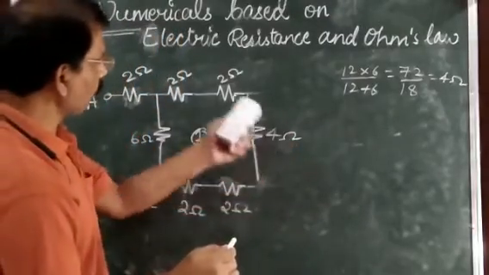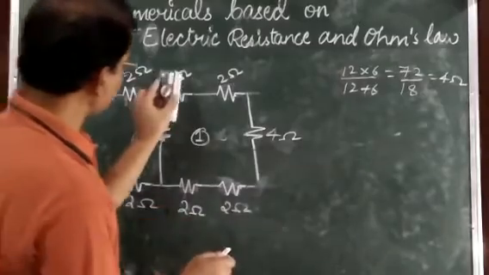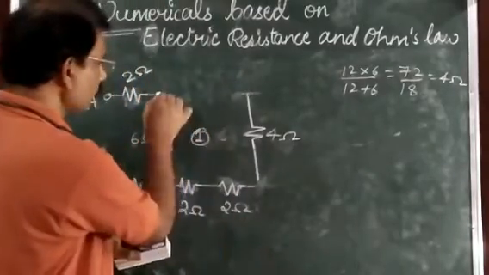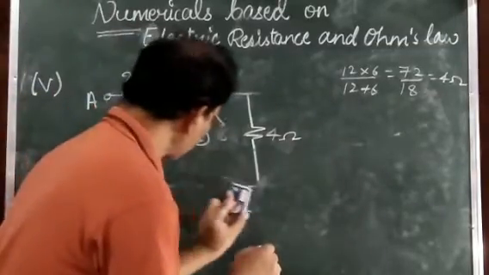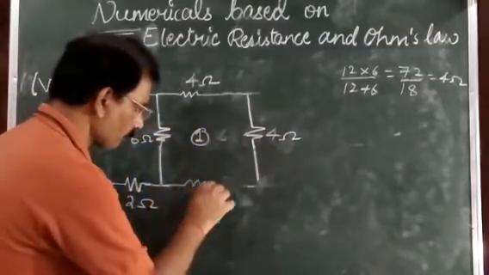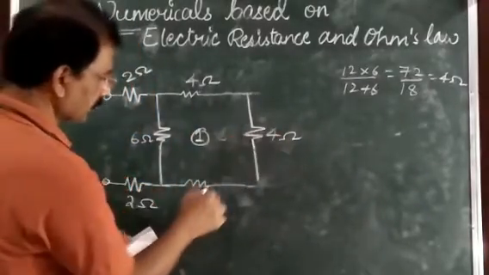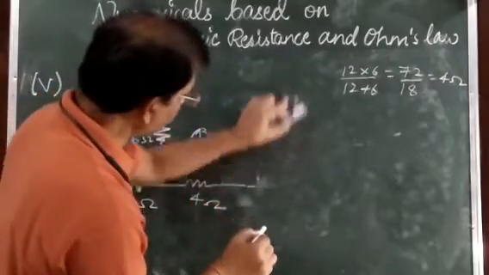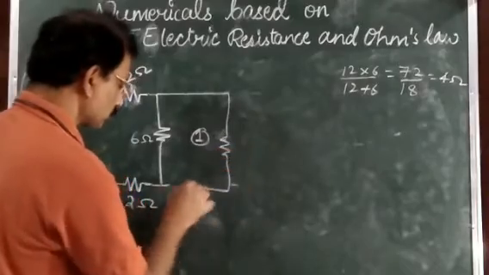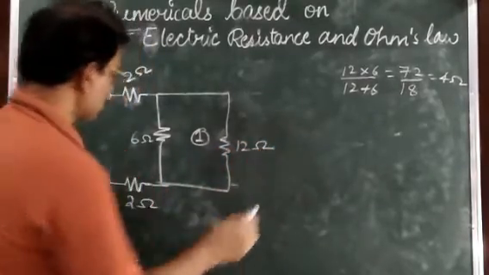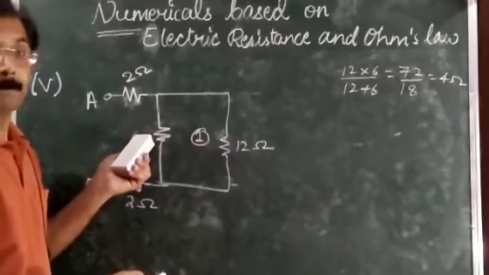And again this 4 ohm, 2 and 2, 4, 2 and 2, 4. Then again you see here, this one is 4 ohm. This one is 4 ohm. And this one is 4 ohm. Again, all these three resistors are in series. Their equivalent 12 ohm. Again, we can put a single resistance of 12. Now, this 12 ohm and 6 ohm, again, both are in parallel.